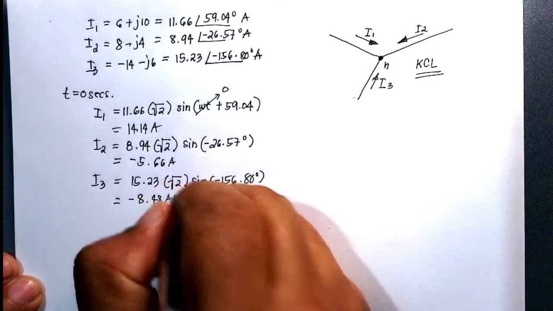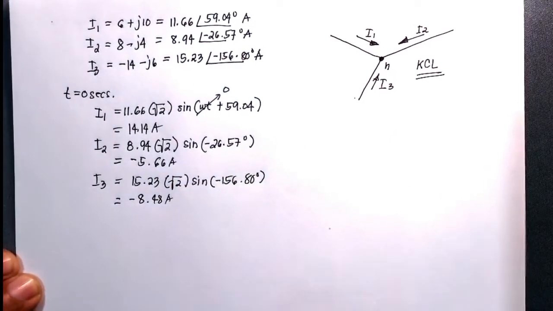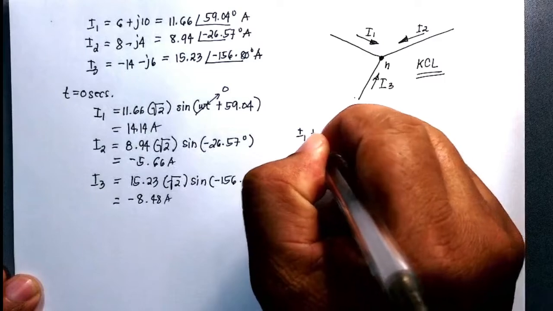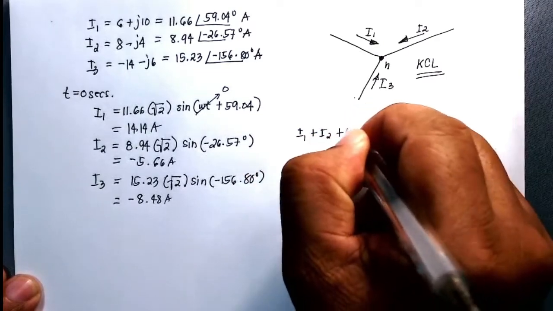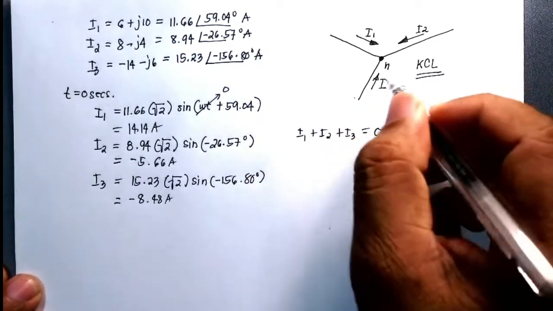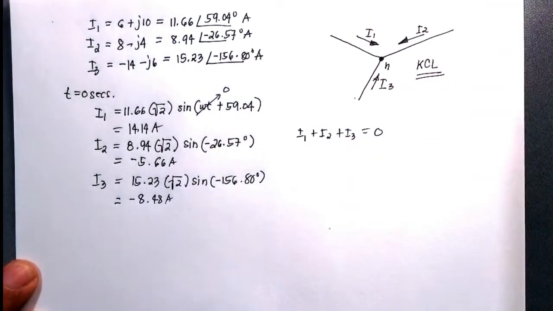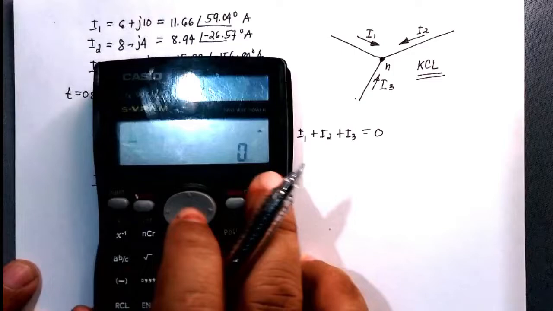Now we are going to add these currents, I sub 1 plus I sub 2 plus I sub 3 equals 0, because all of the directions of these currents are going through the node.